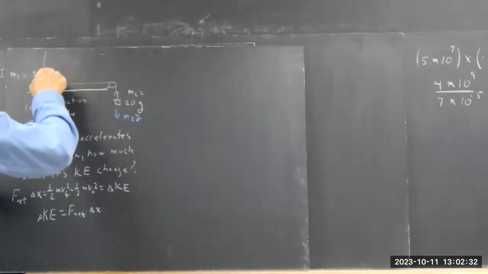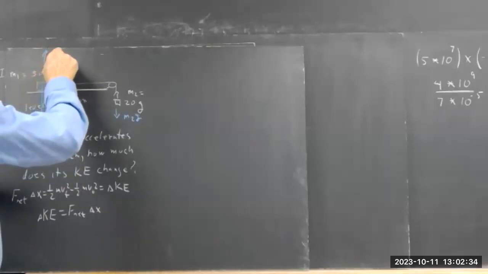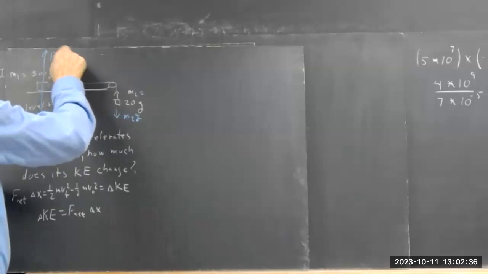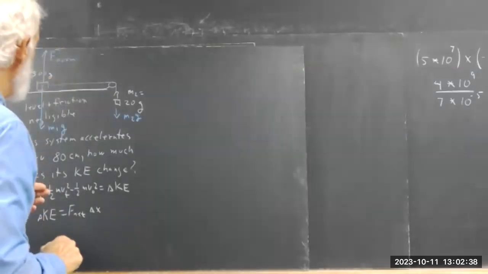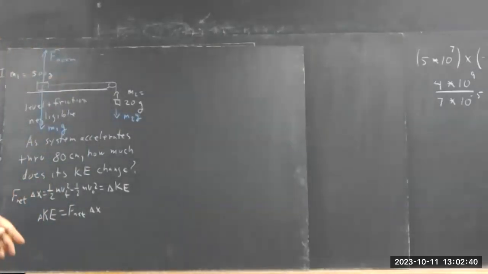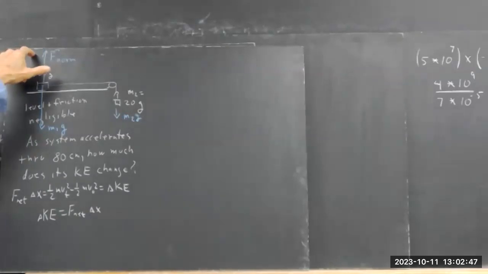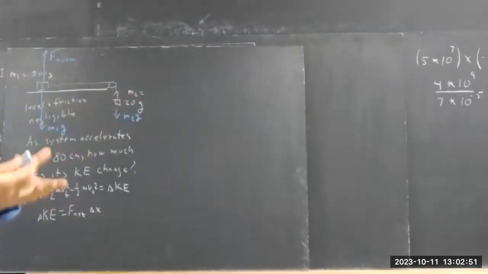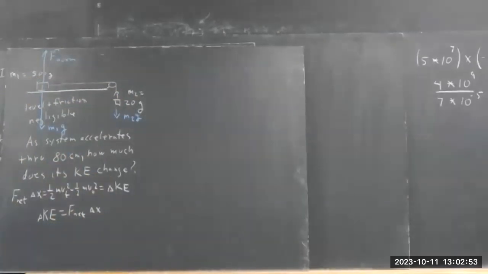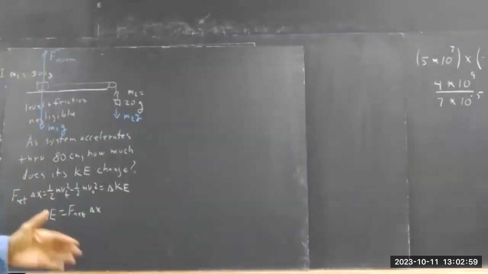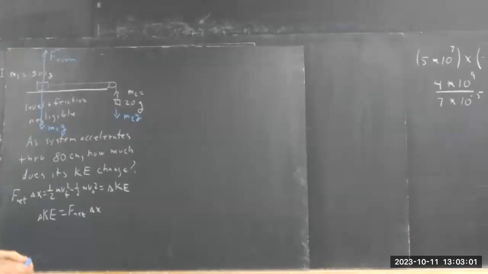Then we're going to have a normal force upwards. Since there are no other forces acting in the vertical direction, these have to be equal and opposite, due to the fact that this is a level track and it's strong enough to support the car. So we're not accelerating upward or downward from the track.